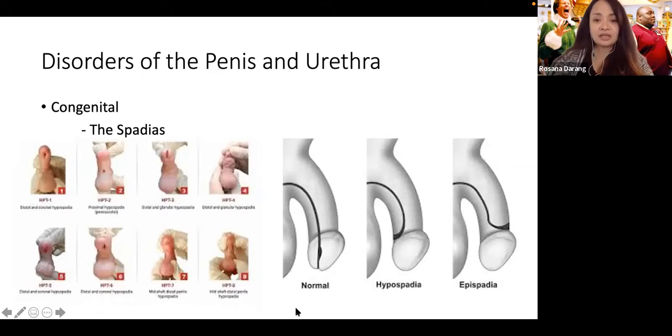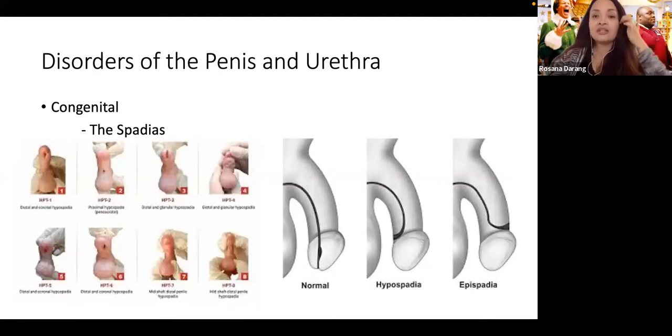And once again, there's not much of a clinical relevance of these disorders because, although it may look inconvenient, this can easily be surgically corrected. I had a student who asked me before, what about infertility? Would it lead into infertility?